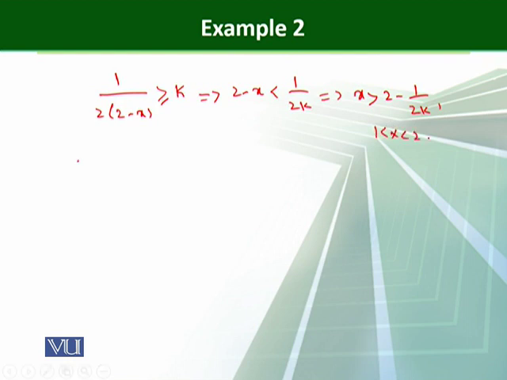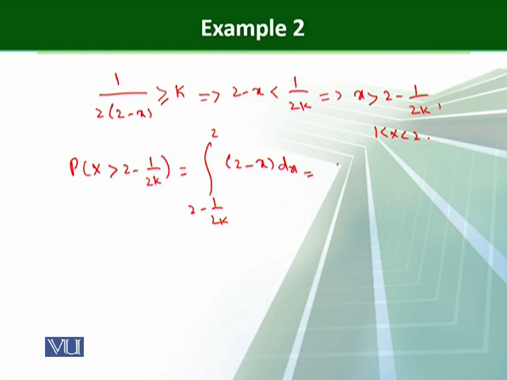Now we need the probability of x greater than 2 minus 1 over 2k, which is the integral from 2 minus 1 over 2k up to 2 of the original density (2 minus x) dx. If you evaluate this also, you will find the same result, 1 over 8k square.